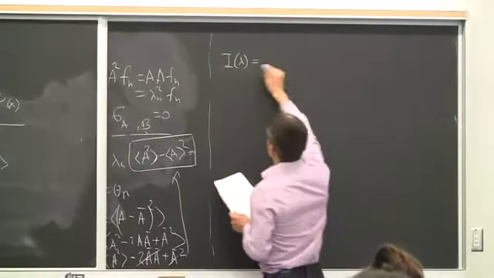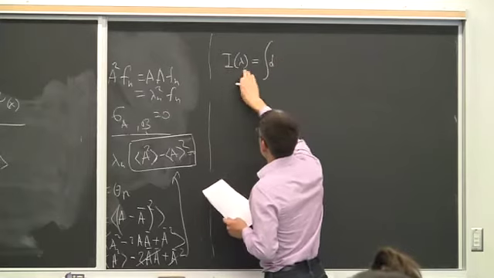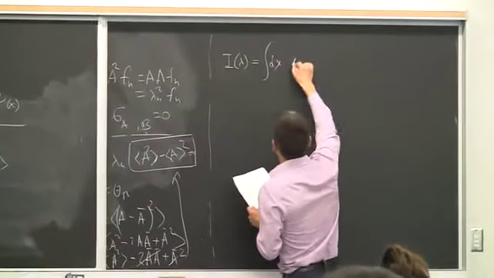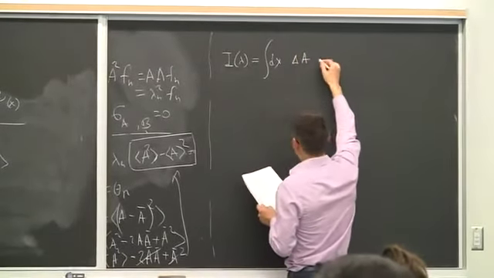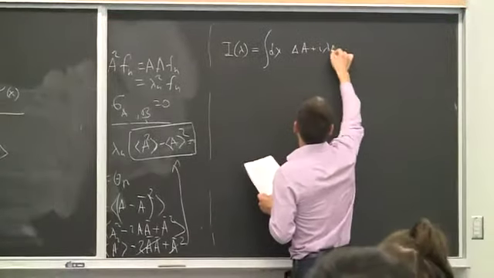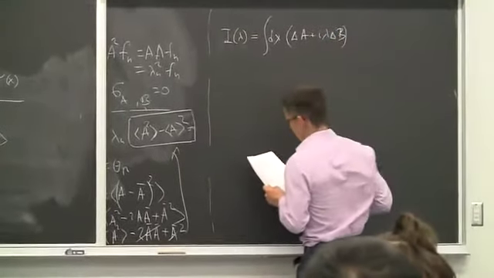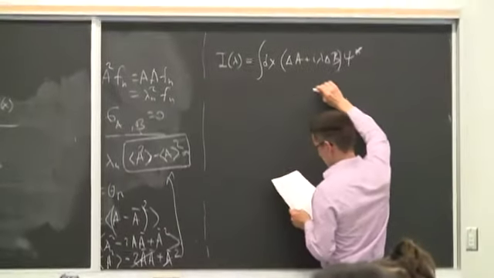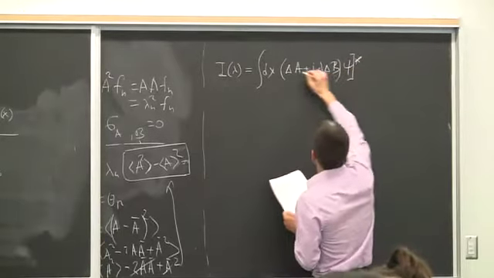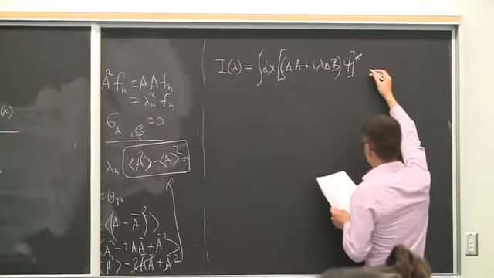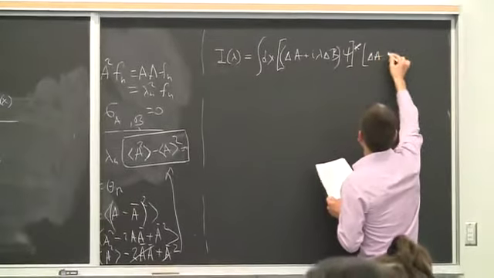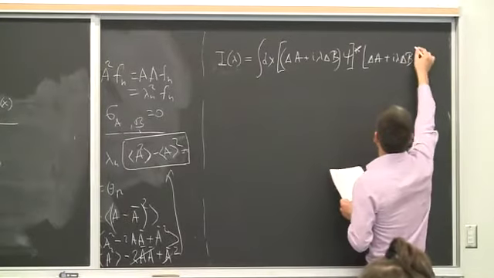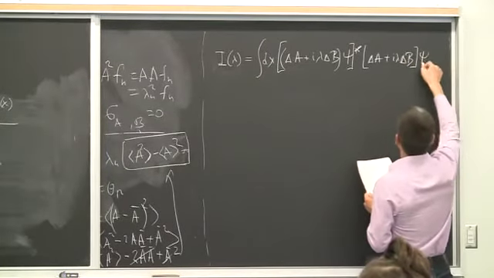So we write I lambda as the following expression: delta A plus i lambda delta B, psi star, for the whole thing, and then delta A plus i lambda delta B, psi.